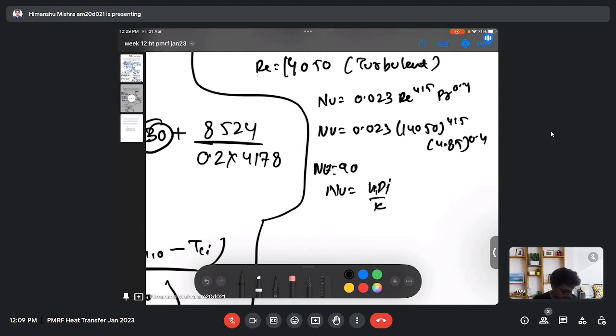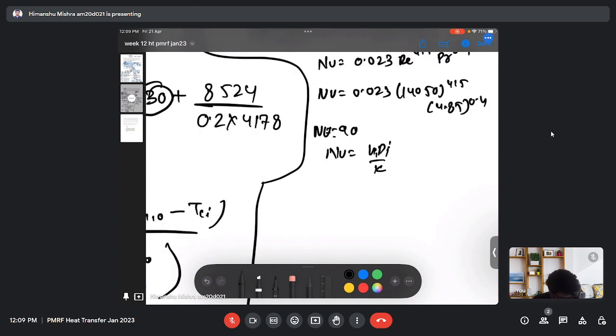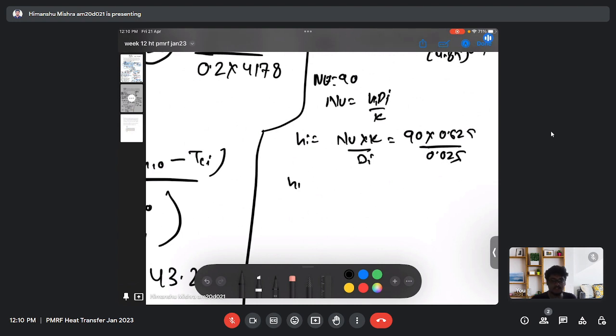So my inlet heat transfer coefficient is Nu times k over D i. My thermal conductivity is 0.625 and my inlet diameter is 0.25. So my inlet heat transfer coefficient is 2250 watt per meter square Kelvin.